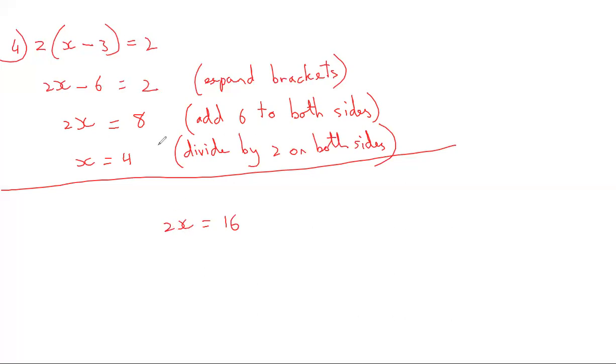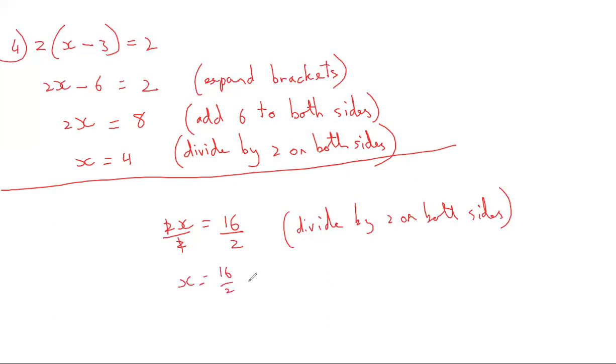So to get rid of 2, you divide by it. If I were to fill in the gap between this step and that step, for instance, it will look like this. You divide by 2 on both sides to get the x by itself. So here you could clearly see how the 2 cancels and you're left with x. x equals 16 over 2, which is 8.